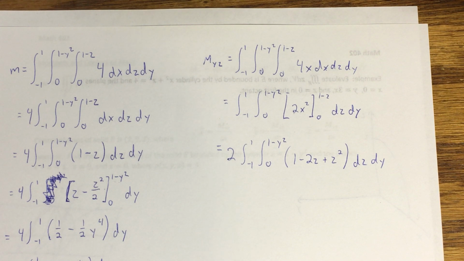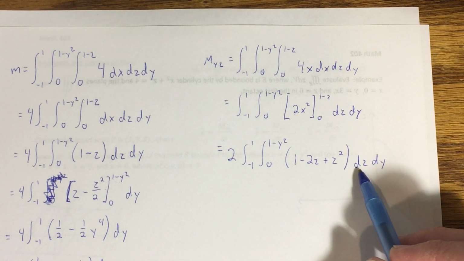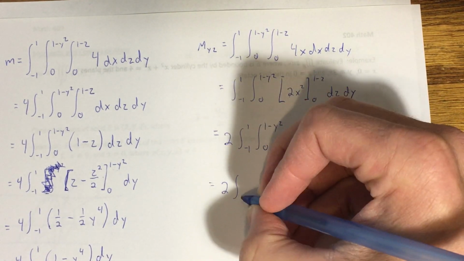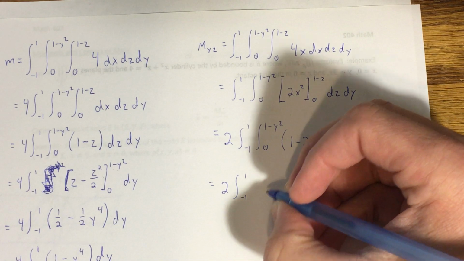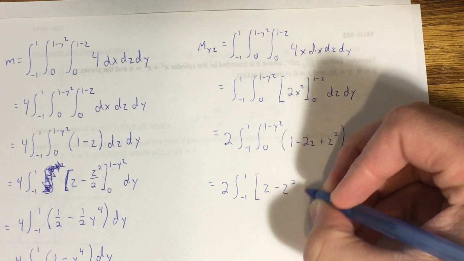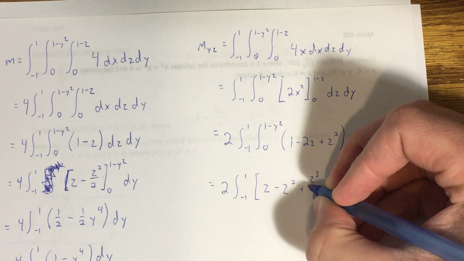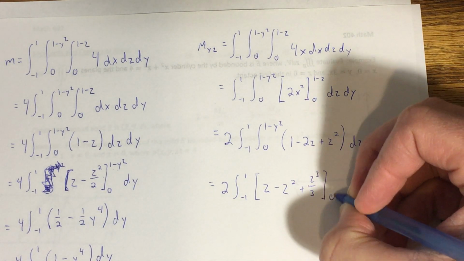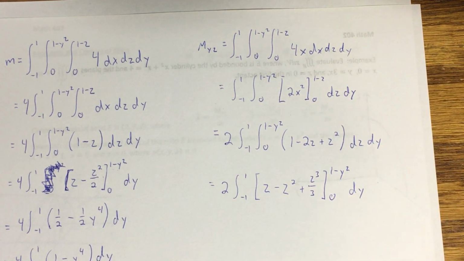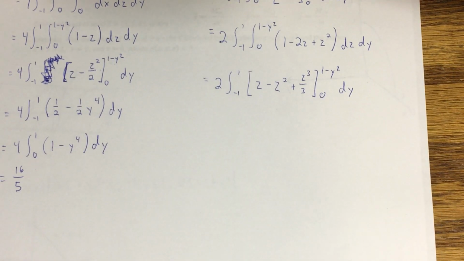So, the next step would be to integrate with respect to z. So we do that. 2 times the integral from -1 to 1 of, this will become z minus z squared plus z cubed over 3 from 0 to 1 minus y squared dy. Okay?